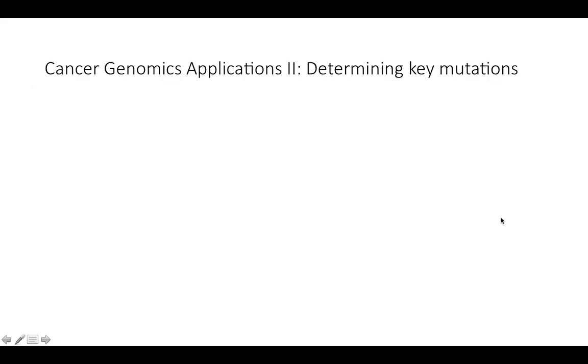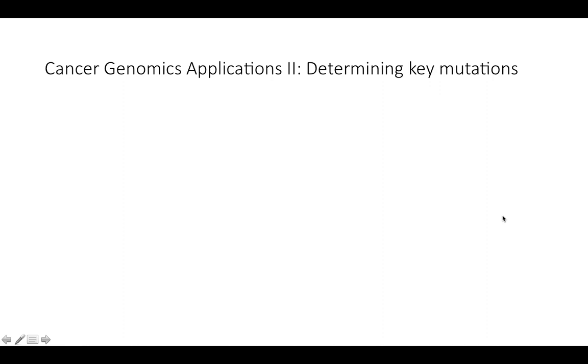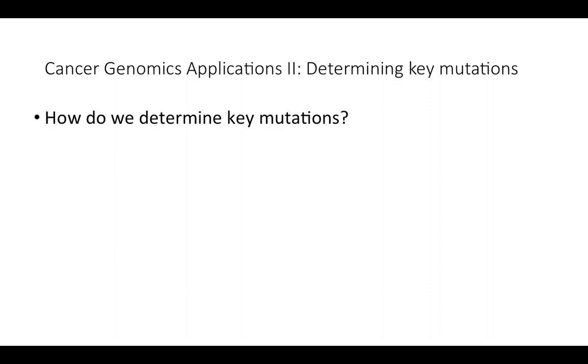So one of the key questions is to determine what all the driver mutations are. You see that lots of mutations happen. If you do cancer genomics and try to identify mutations, you're going to see a bunch of mutations. You have to identify which are the driver ones and which are known as passenger mutations. The passenger mutations are just sitting there, and they just travel along without causing any major problems.